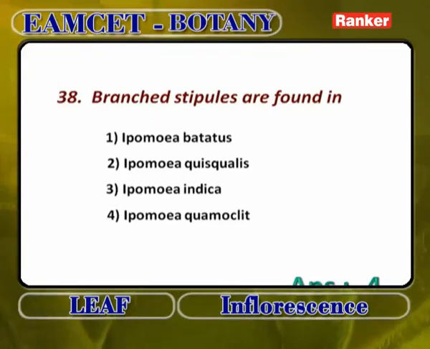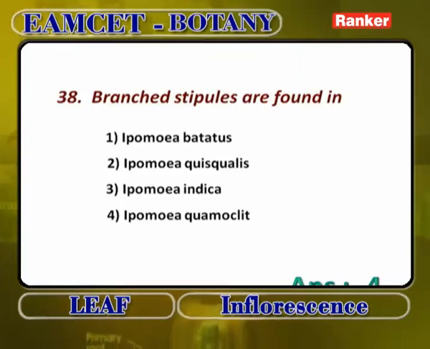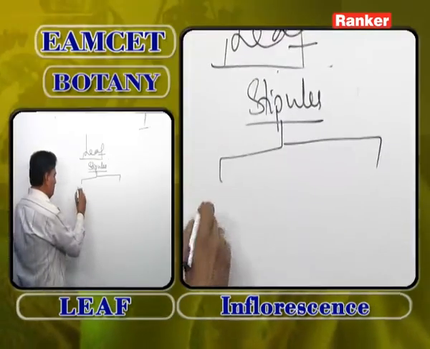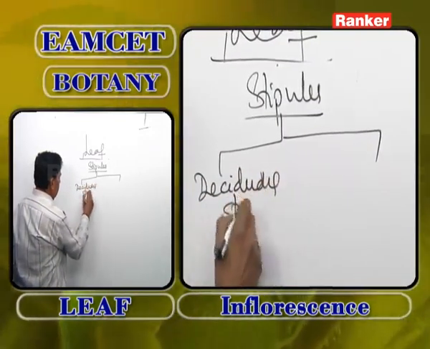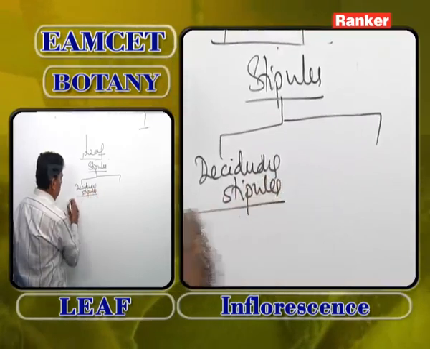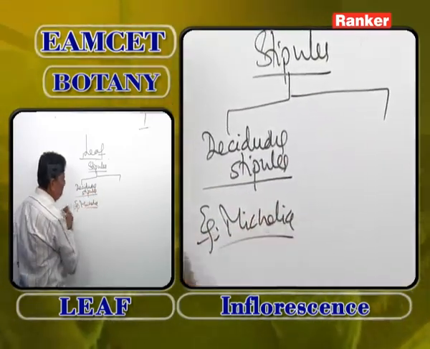Next, branched stipules are found in. What are stipules? Two small leaf-like structures present at the base of the leaf are stipules. Normally, stipules fall off before the leaf expands. Those are called deciduous stipules. The best example for this is Michelia.